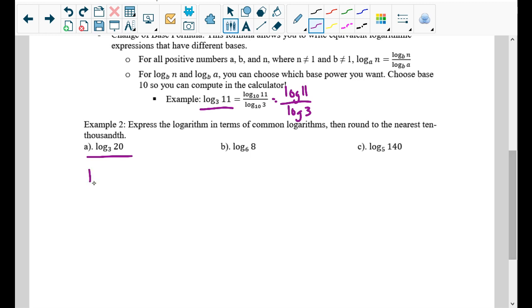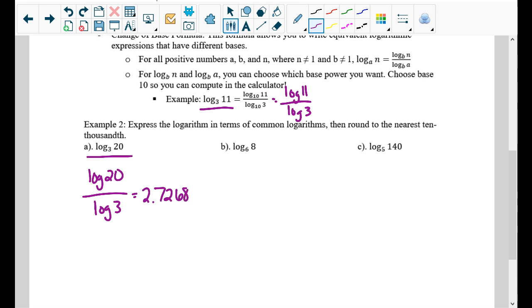If I take the common log of 20, divide by the common log of our base there, 3, plug that in our calculator, we can get 2.7268.